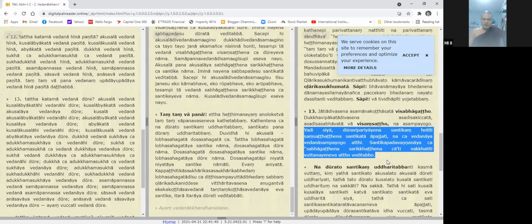We need to take Sarisa and Asarisa also here. If they are Sarisa, they are Sadika. If their function is the same, they are Sadika. If their function is not the same, they are Dura. If their nature is the same, they are Sadika. If their nature is different, they are far.